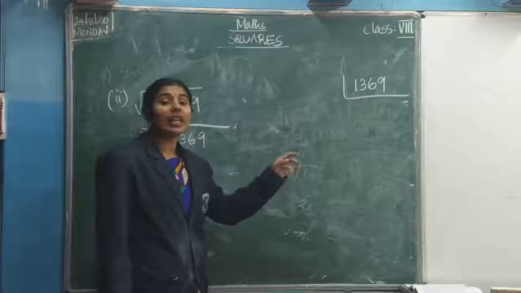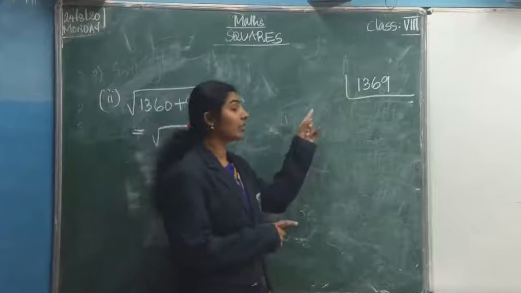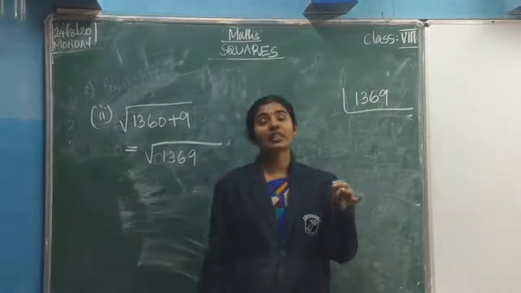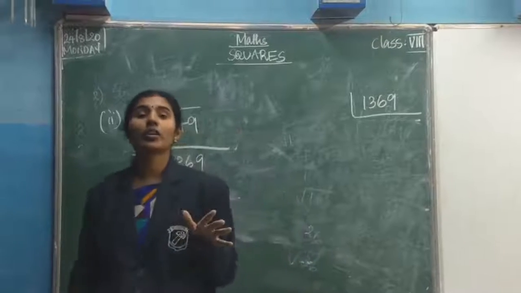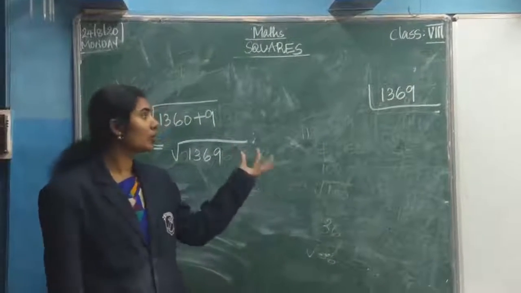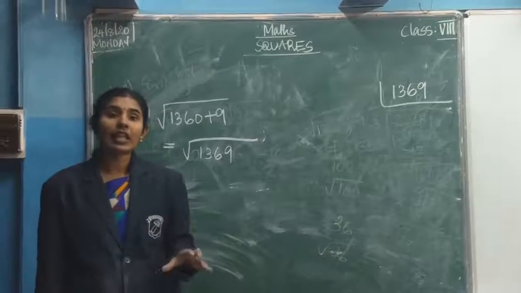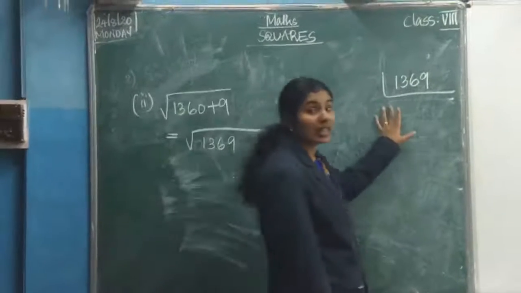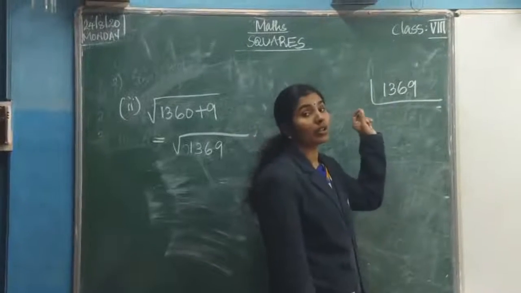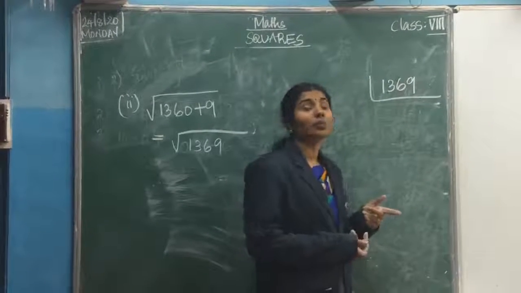When you are dividing this number by 2, 3, 5, 7, 11, 13, and 15 (15 is not a prime number), then 17, like that, you will not get the final answer. So which prime number, when you divide this number by it, gives the remainder 0?